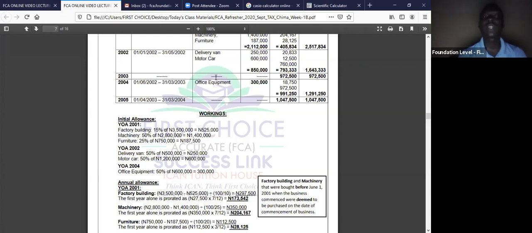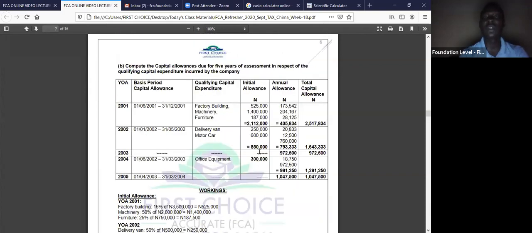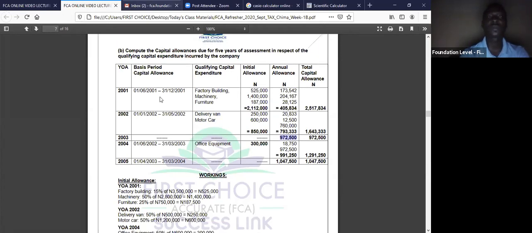So in 2003, no asset was in that basis period, so there is no initial allowance. However, there will be annual allowance for this asset bought in 2001 and this asset bought in 2002. So that is what gives me 972,500.